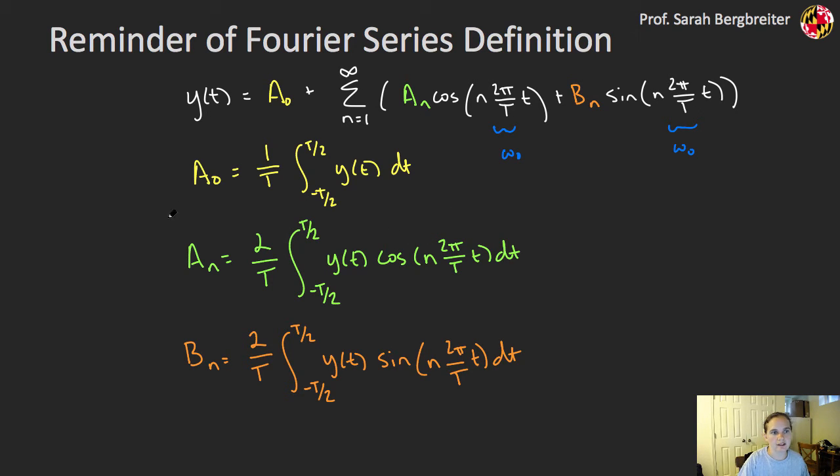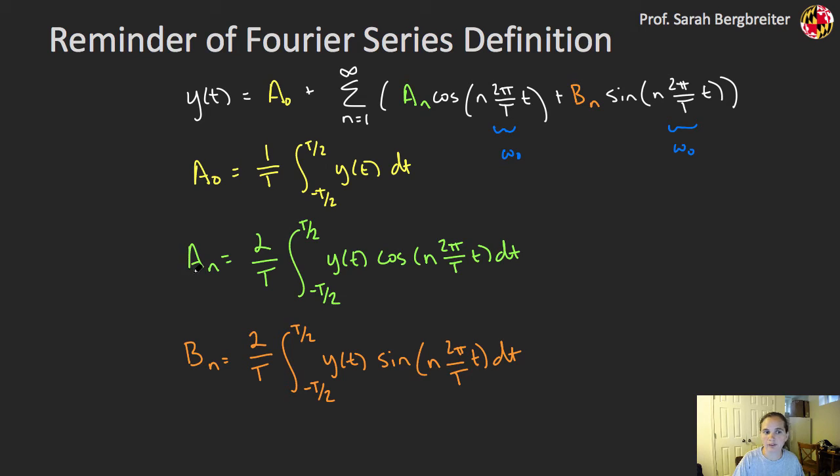The coefficients are defined like this. a naught is my DC offset for the signal. For a_n, I'm multiplying my original signal y of t by a cosine at the current frequency I'm trying to analyze.